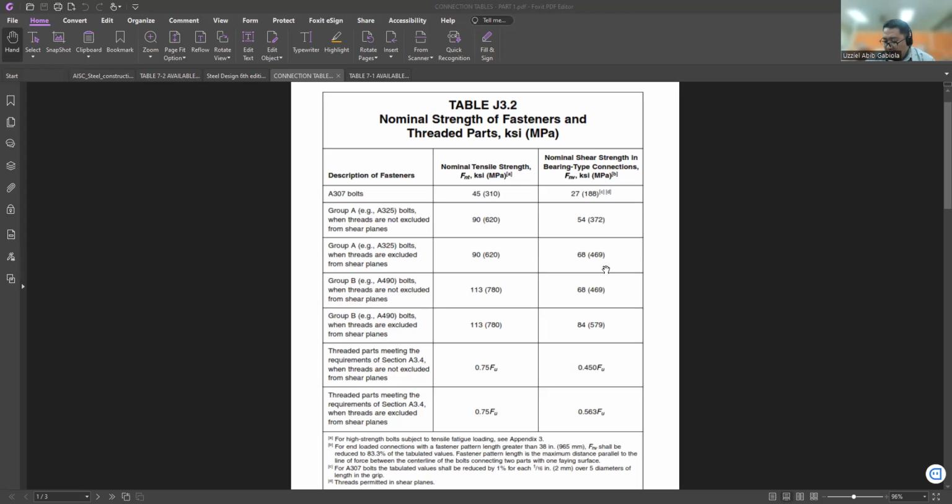Okay, wait lang. Naglo-load lang yung screen. Okay.